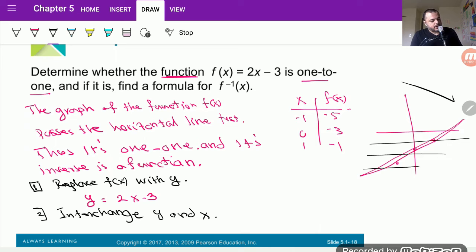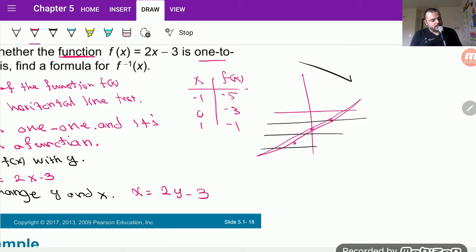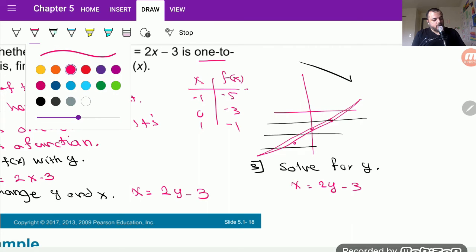So what do we get? Now we have y equals 2x minus 3, so we are going to have x equals 2y minus 3. Then next, step 3: solve for y. We have x equals 2y minus 3. How to solve for y? Just as we solve for x. So I'm going to add 3 to both sides.